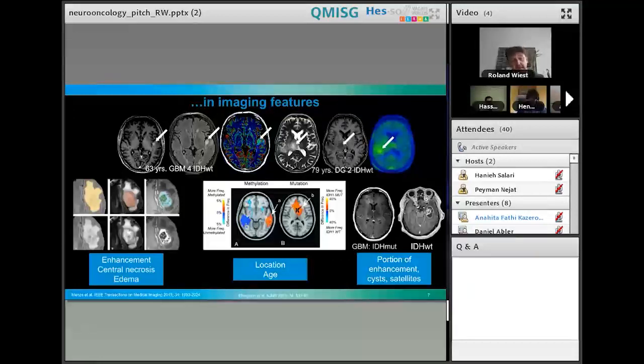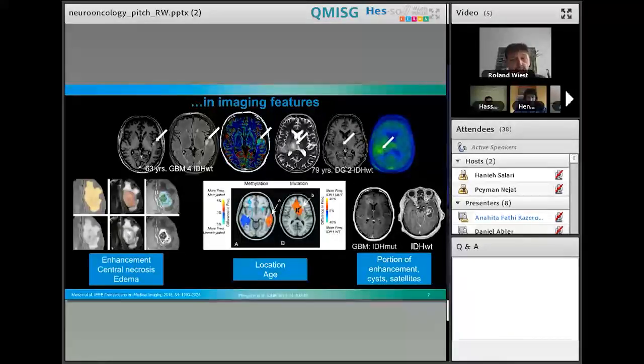And if we add a bit more to these visual features, then we can also look into the subcompartment of these tumors. For example, for the glioblastomas, it plays an important role how extended the enhancement is, how extended the necrosis is, and how extended the edema is. Not surprisingly, just putting age as one of the features into the algorithm will rapidly improve the discrimination between aggressive and less aggressive tumors.